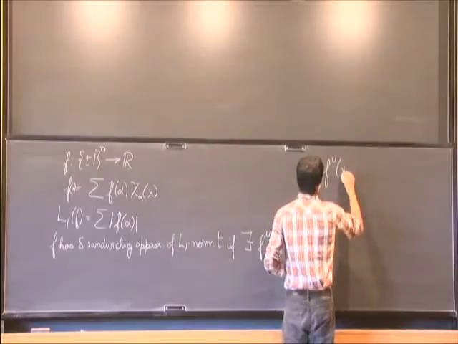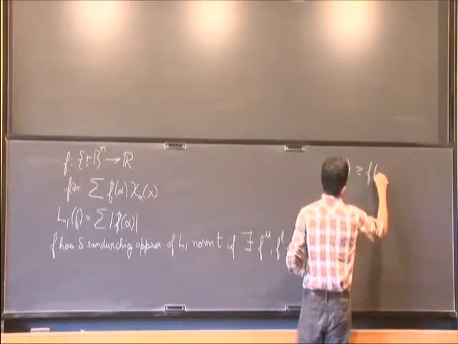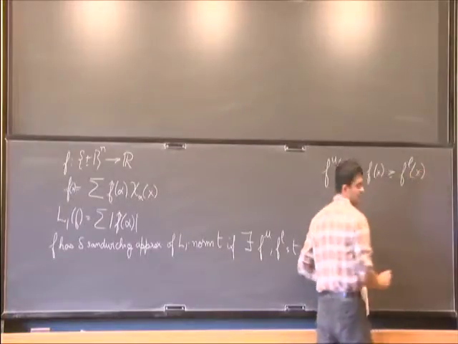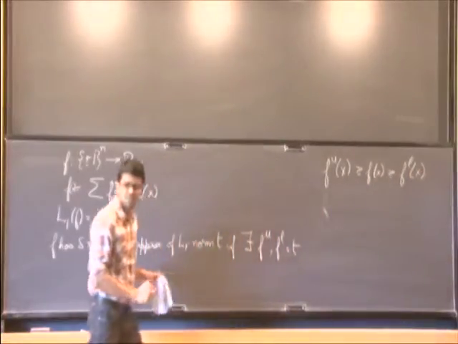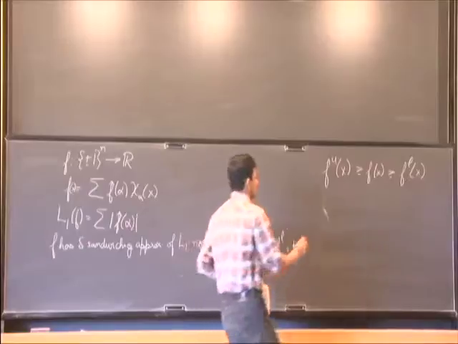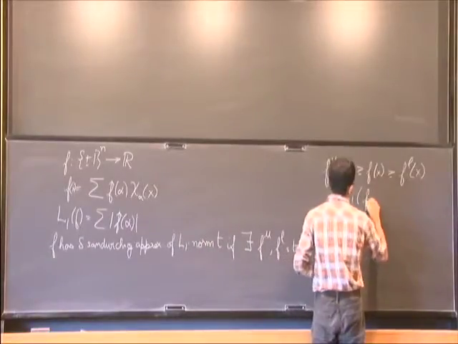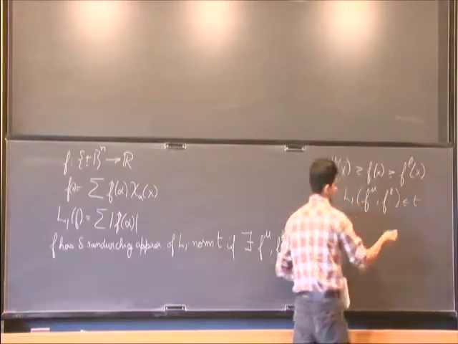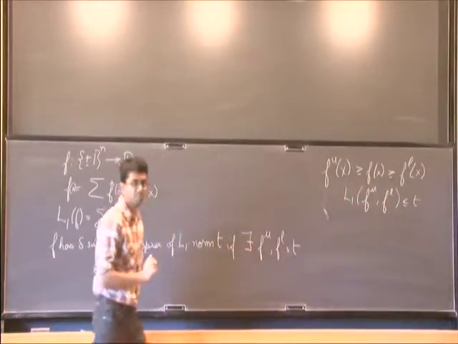Pointwise, f upper is always larger than f, and f is always larger than f lower. So f is sandwiched between these two functions. And the L1 norm of each of f upper and f lower is at most t.